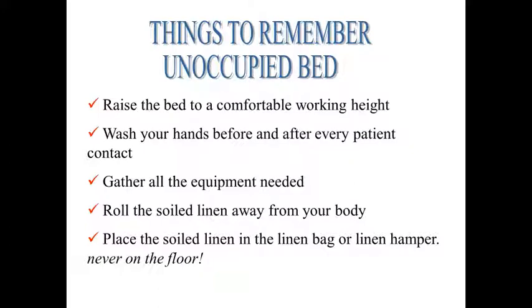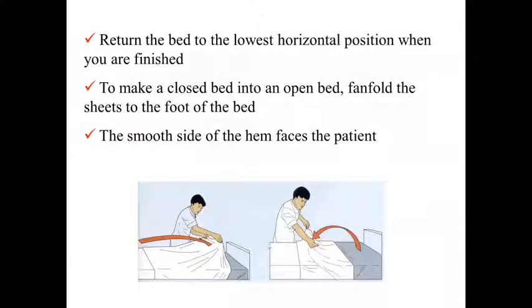Wash your hands before and after every patient contact. Gather all the equipment needed. Roll the soiled linen away from your body. Place the soiled linen in the linen bag or linen hamper, never on the floor. Return the bed to the lowest horizontal position when you are finished.